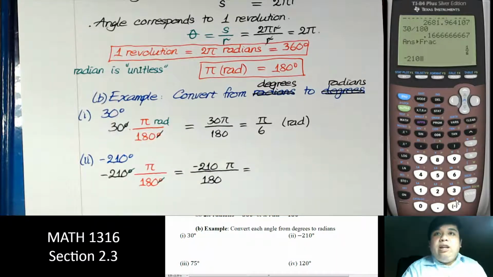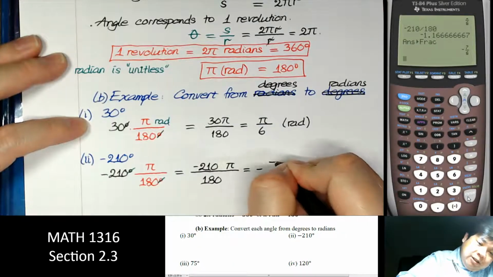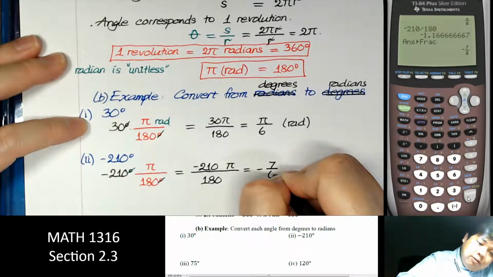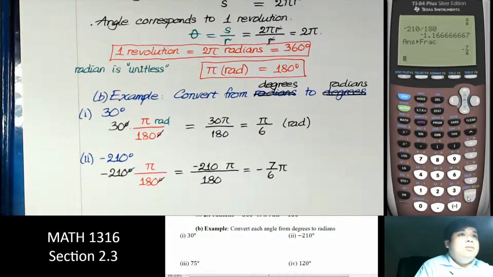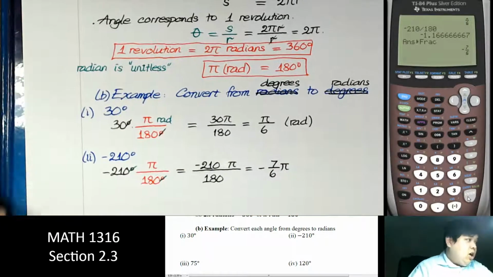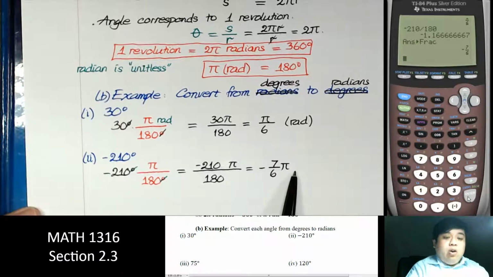And negative 210 divided by 180 is negative 7 over 6. And then we put a pi, either that or pi on the top. It doesn't matter. Like I said, we don't even need to write the radian.